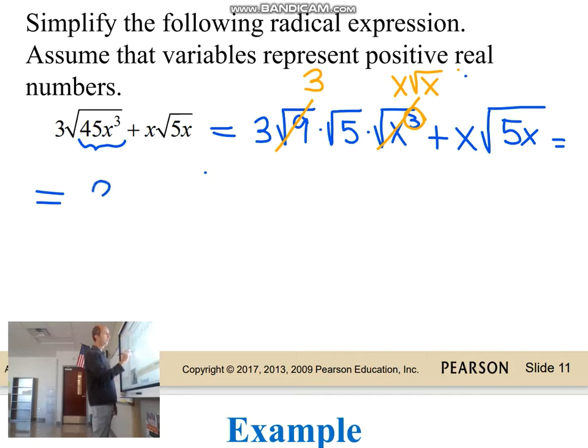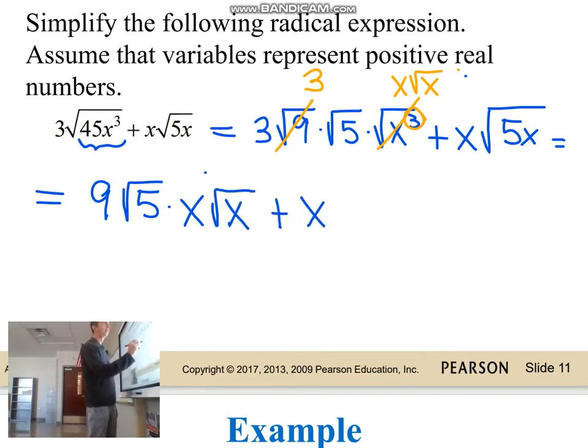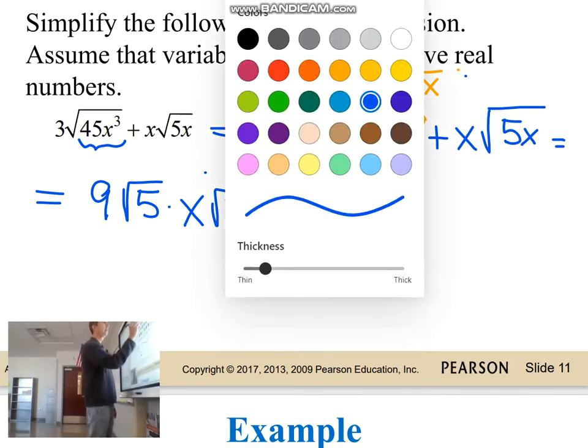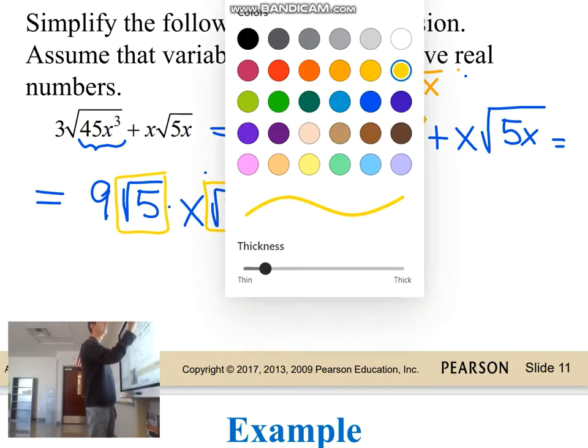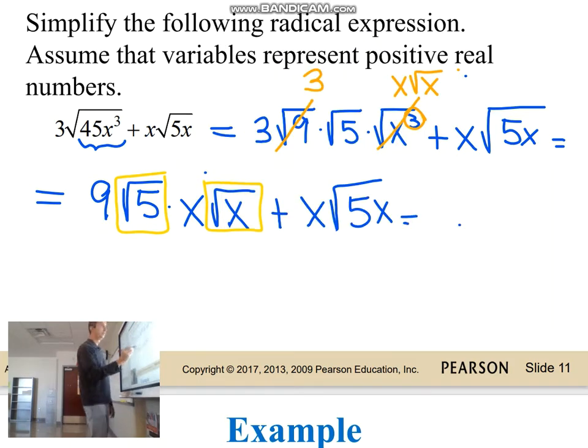So 3 times 3, 9, and we have the square root of 5 times this. You agree with me? x cubed is the same thing as x times x squared, so we can remove one x outside of the root. So this is x square root of x, plus x square root of 5x. We can bring these two together because I think we will have a like term.